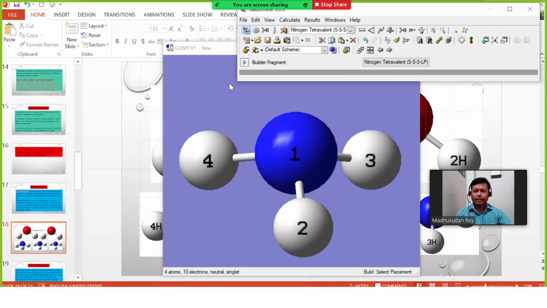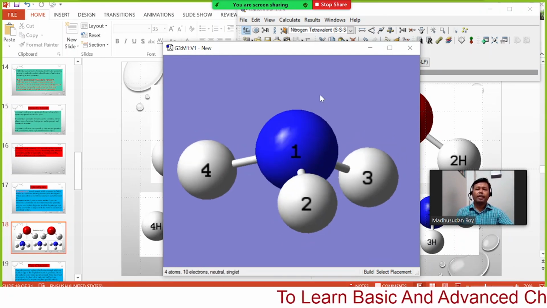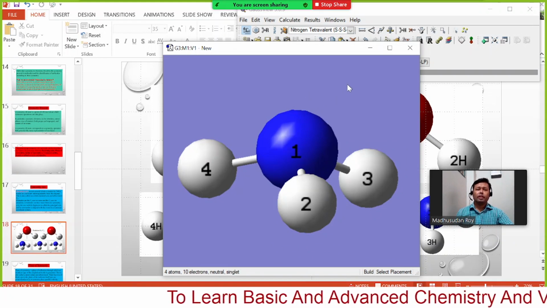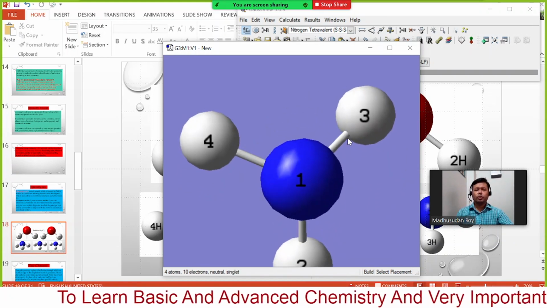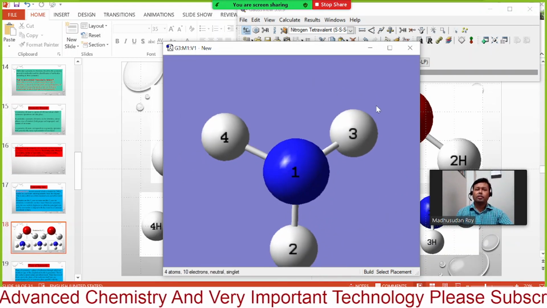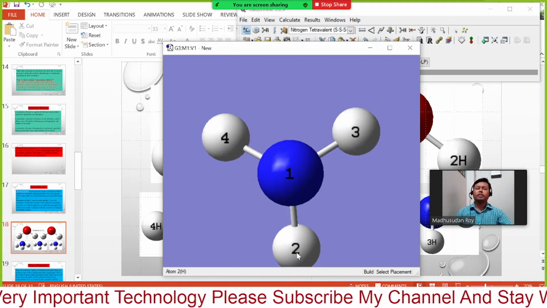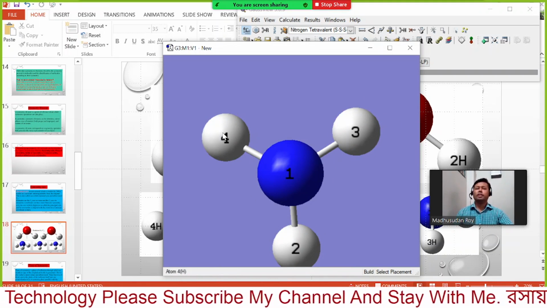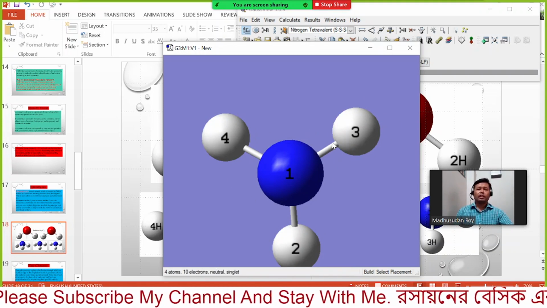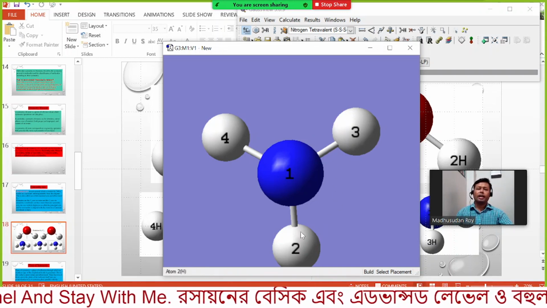I am defining them. This is my hydrogen, hydrogen, hydrogen. So I am rotating this molecule by 120 degrees, this way. Now see what is the difference. This hydrogen is at the top right, and this hydrogen in the bottom is now in the top left. The angle between this hydrogen, nitrogen, and this hydrogen is 120 degrees.